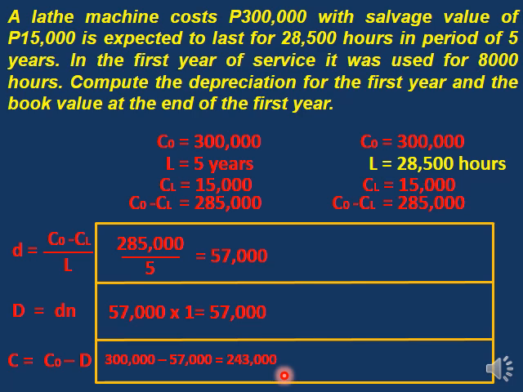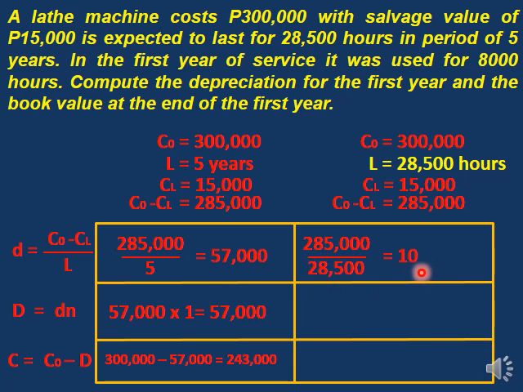Okay, now let us consider the depreciation based on the working hours. Here is the rate of depreciation per hour. The cost of service of the machine is 285,000. We divide it by its total working hours of 28,500.